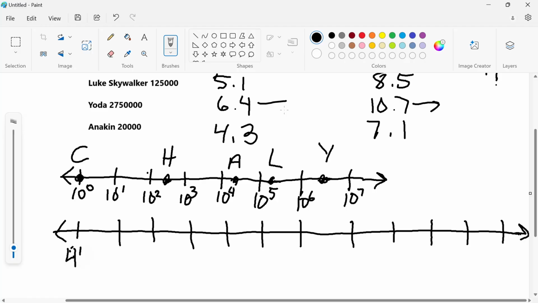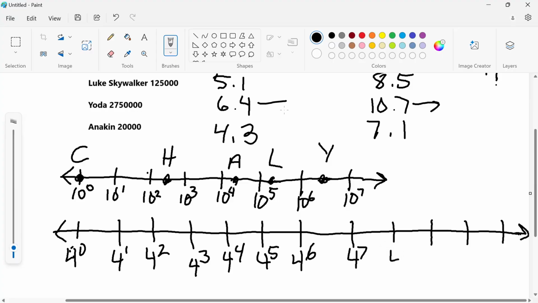This is 4 to the 0 power, 4 to the first power, 4 to the second power, 4 to the third, 4 to the fourth, 4 to all these different powers. Each tick mark is 4 times bigger than the last one, whereas in the tens, it's 10 times bigger. So you can see I condensed it a lot more in the tens.